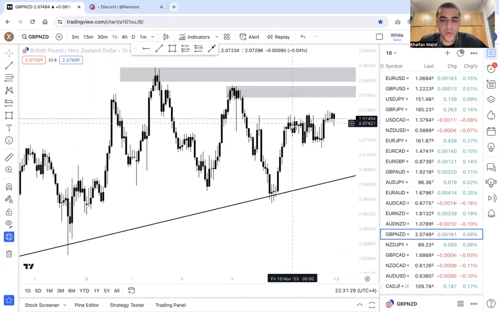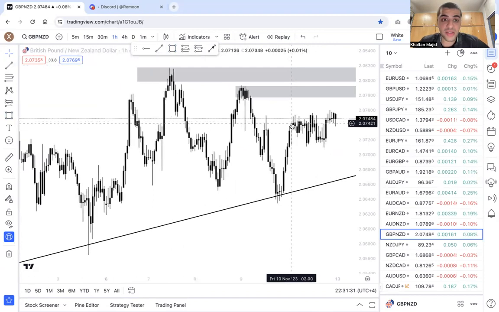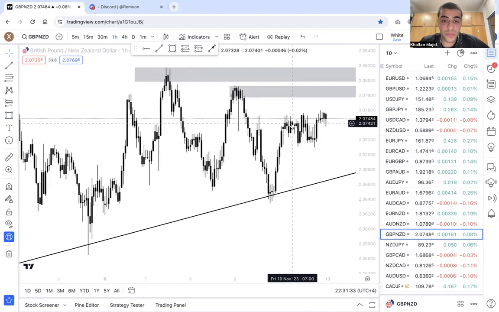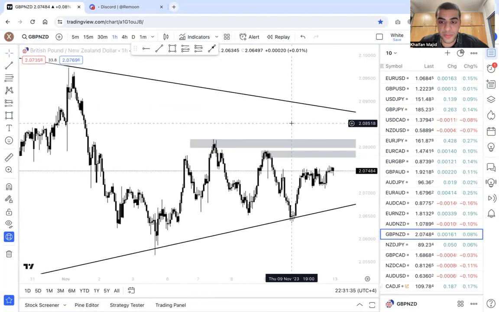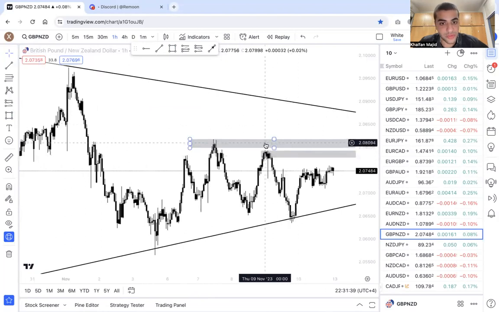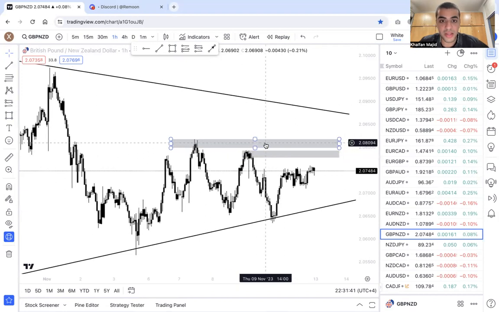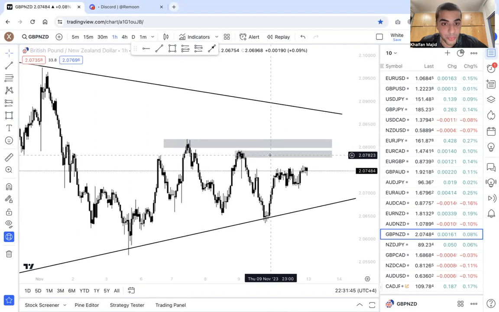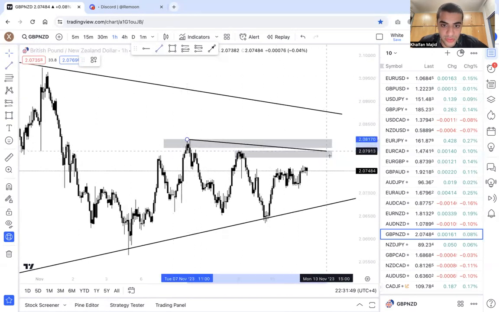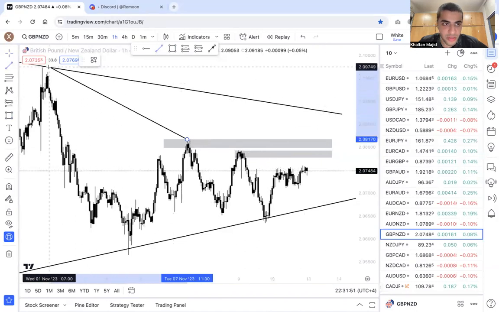But you should always like these double zones. This zone is not bad, and also this is a better zone, and it's also not bad. This zone is not bad, but you have to be super visual with it.